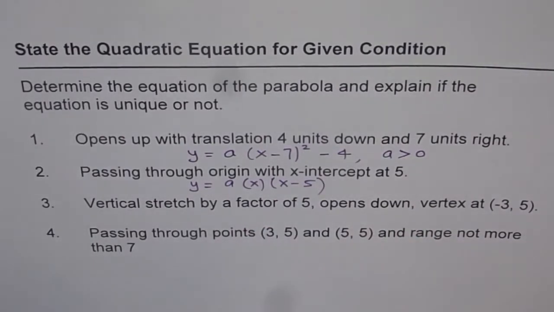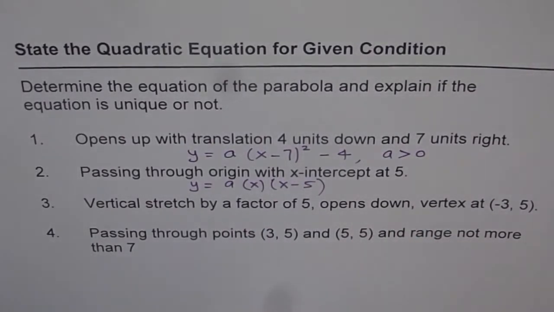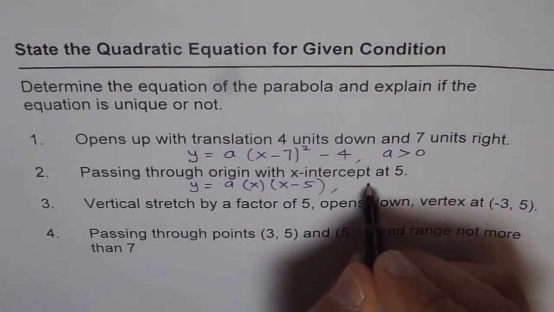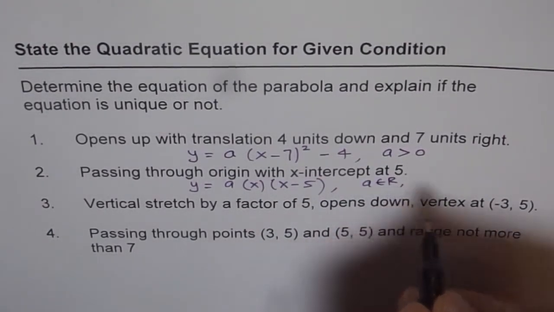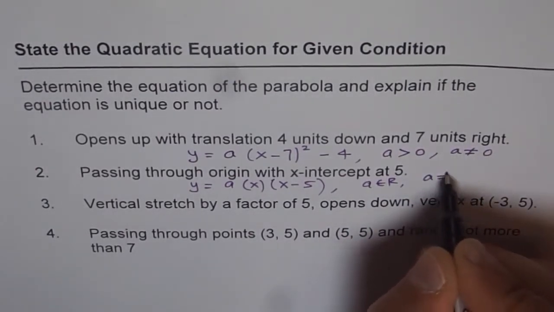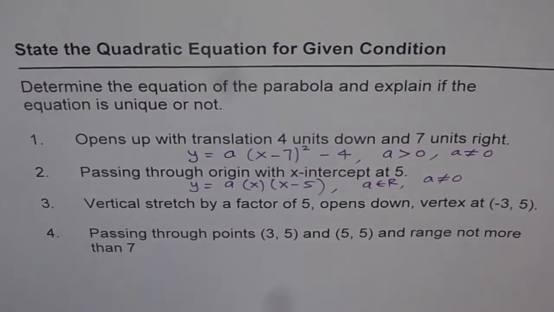So that equation represents the given parabola. Here a can have all the values, right? So a belongs to real numbers, and of course a is not equal to 0 in either case. That is mandatory. Now a cannot be 0, but it could be any real number.